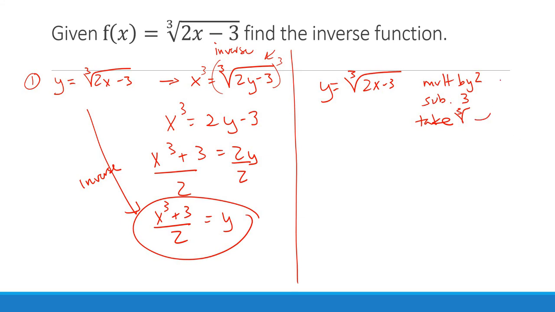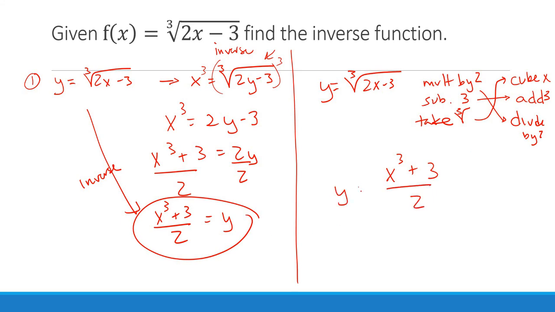To reverse these, I'm going to first cube x, then I'm going to add 3, and then I'm going to divide by 2. So let's see what happens. If I take x and cube it, and then I add 3, and then I divide by 2, I did in fact get the same inverse function as I got over here on the left.